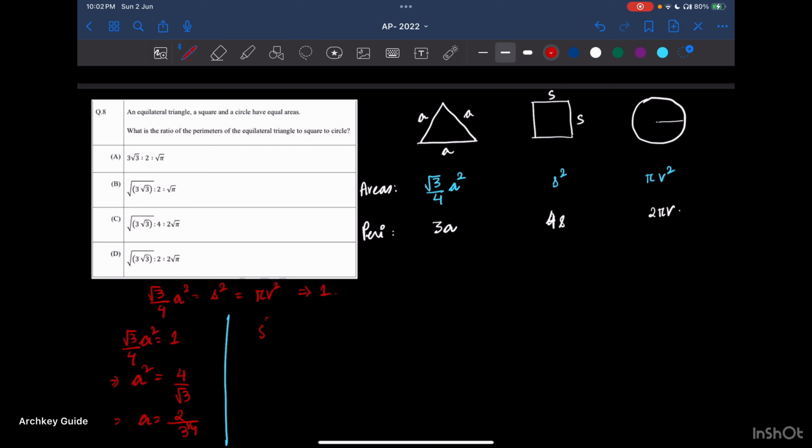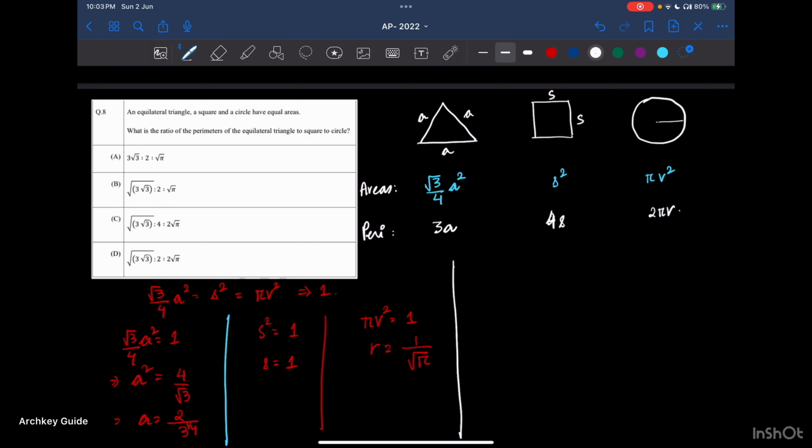So next is for s. S square equals 1. So s equals 1. Okay? Then pi r square equals 1. So r would be 1 by root of pi. Done? Now they want perimeter ka ratio, right?